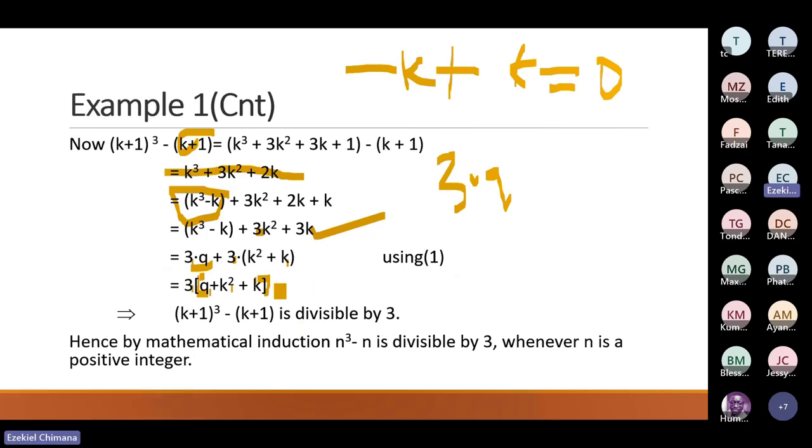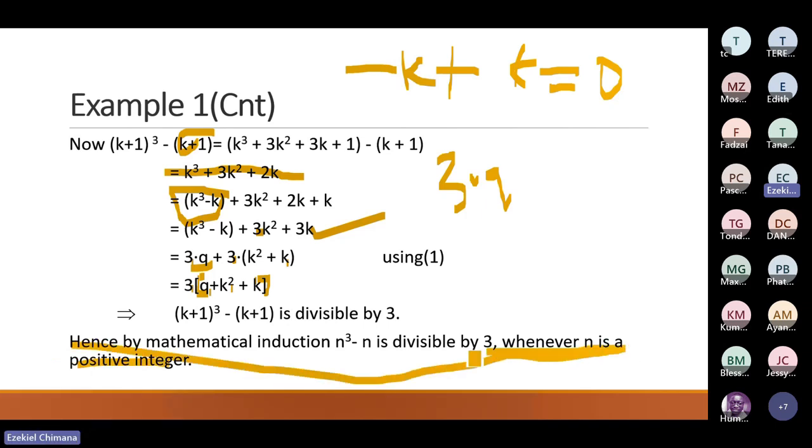By showing this, the result that we have here shows that this number is always divisible by 3. This number is always divisible by 3. It also proves that k plus 1 to the power 3 minus k plus 1 is divisible by 3. Hence, by mathematical induction, n cubed minus n is divisible by 3 whenever n is a positive integer.